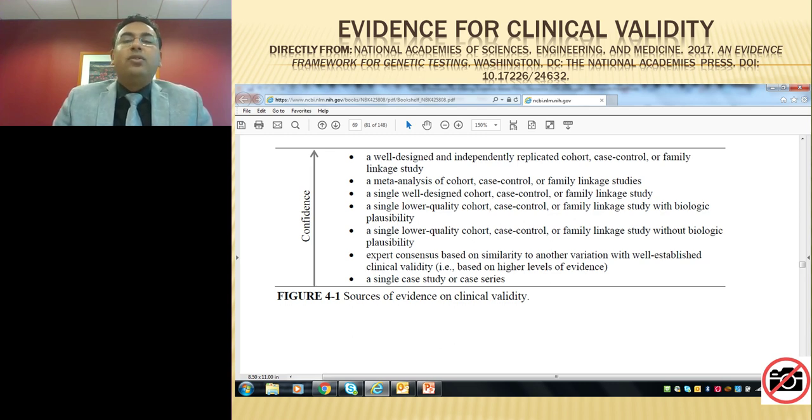But what about the rest of the 15 or 16 or 17 markers in my example of the 18 marker panel? You need to have clinical validity for as many, or preferably all, of the markers that make up your testing. So that point is extremely important.